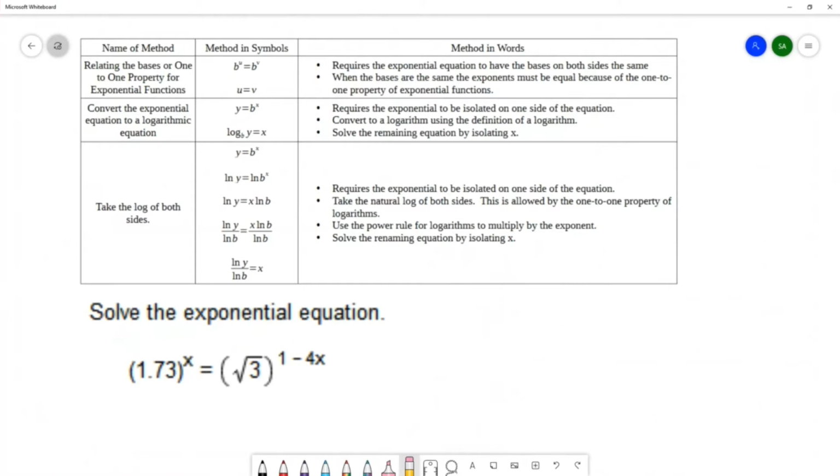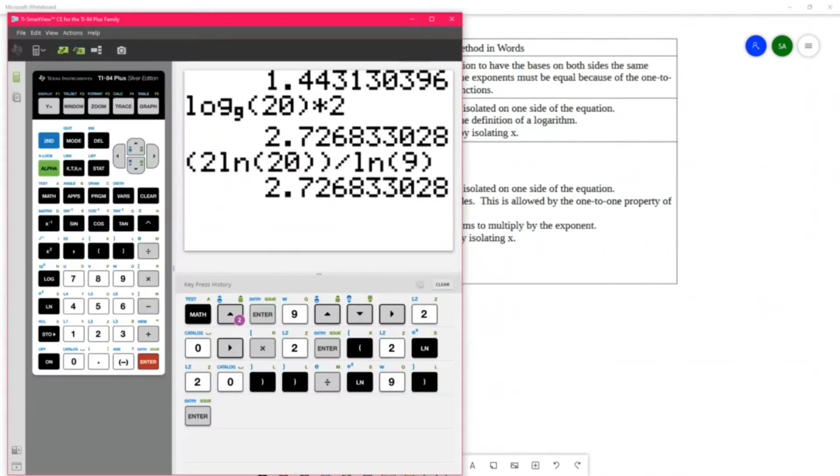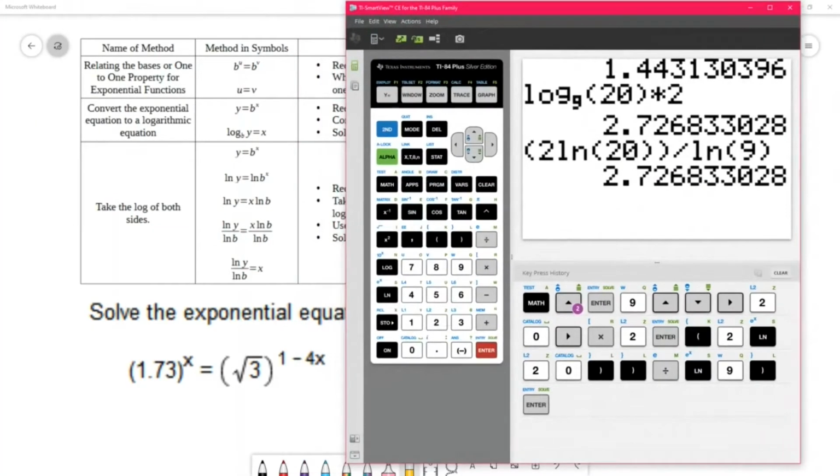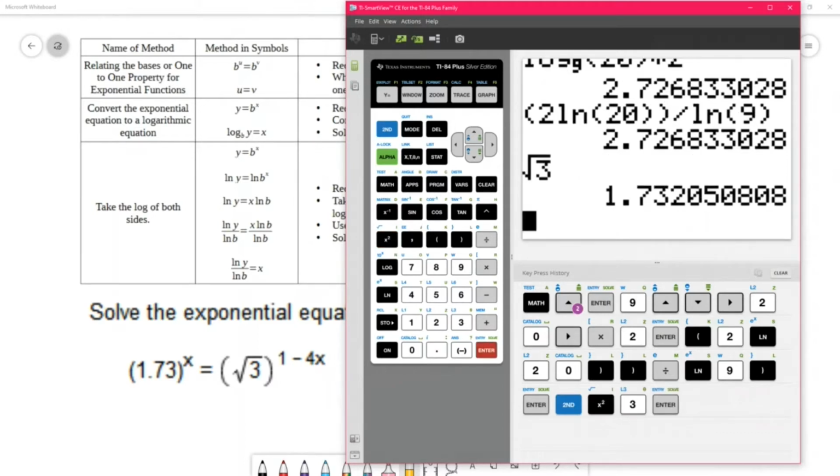I'm going to pull up my calculator here for a second because I want to show you something. I'm not sure if this question is meant to trick you, but if you were to calculate the square root of 3, you get something that is pretty close to 1.73, which is the base on the other side.